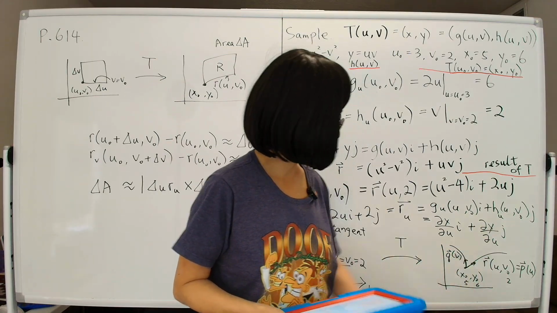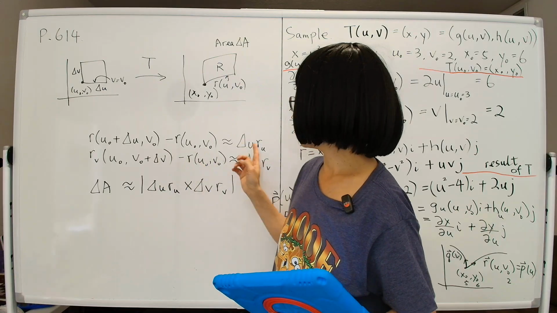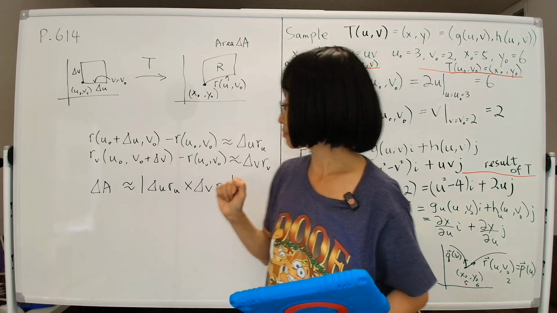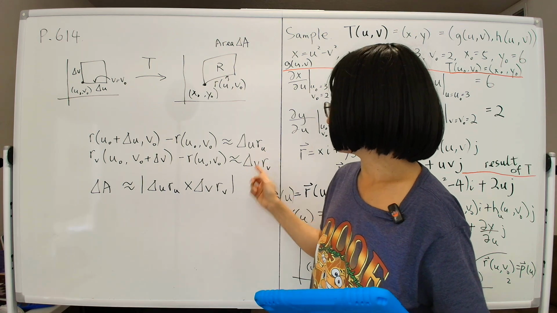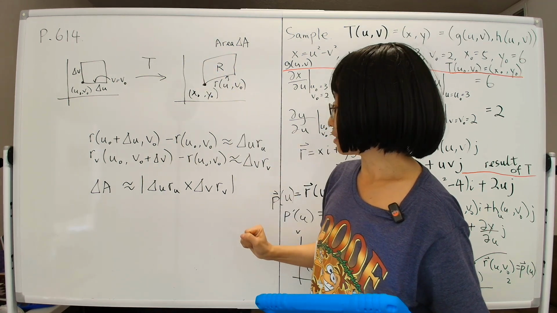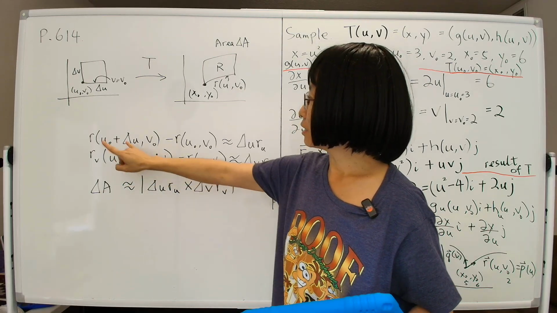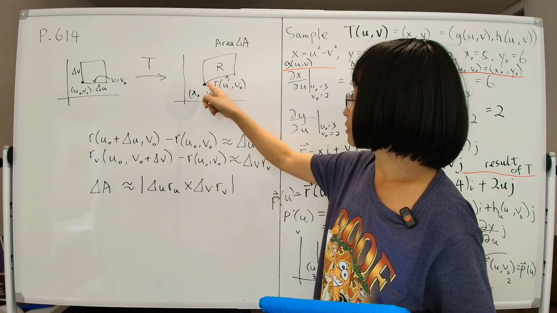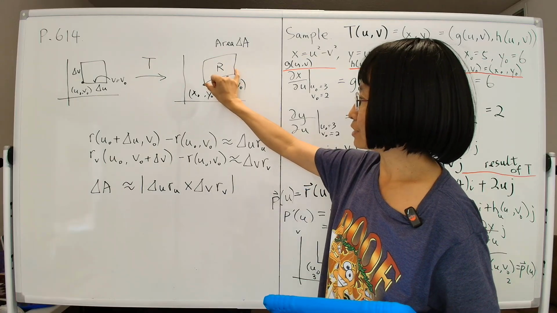At some point we concluded that the derivative is just the tangent at this point. See, we have the tangent there. So this thing is the direction of this. So that's delta u r_u, and delta v r_v is the length here, because this is moving this far, and this is moving this distance as a result.